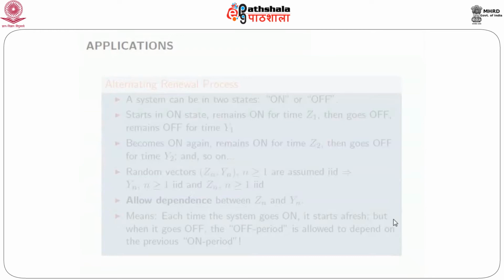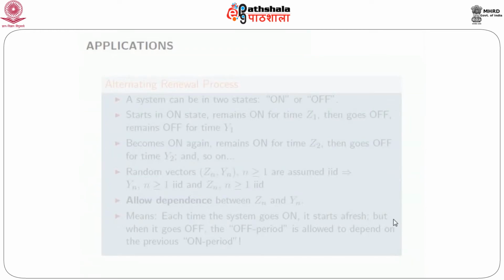We also examined the limiting distribution of the length of the renewal cycle at time t, that is, the particular renewal cycle that falls at time t, as well.